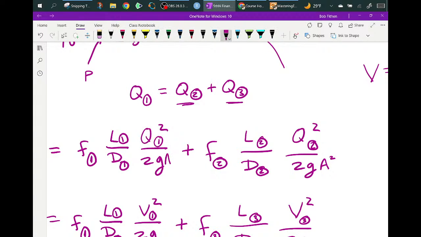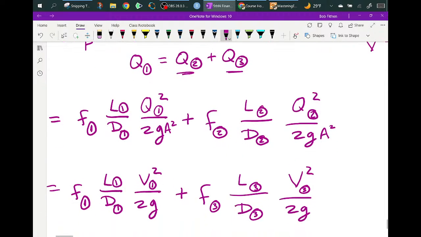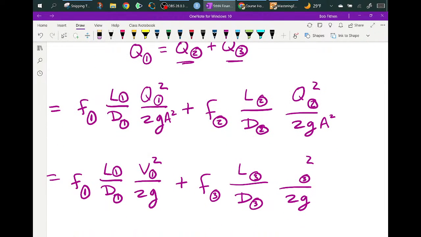Q over area squared, Q over area squared, and Q over area squared.